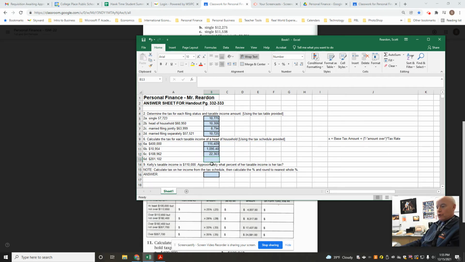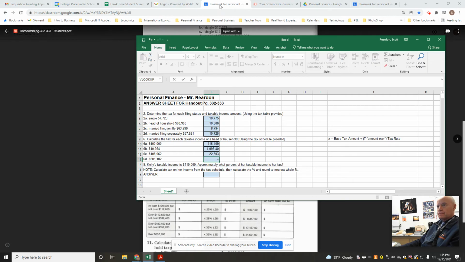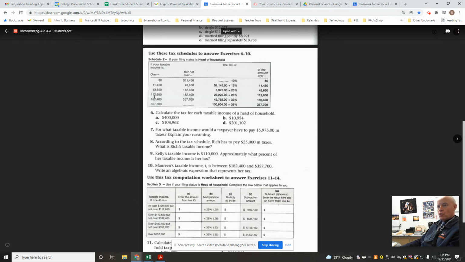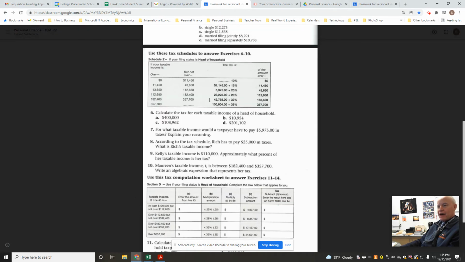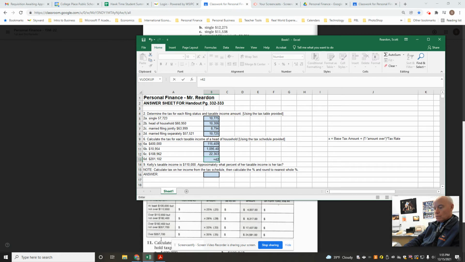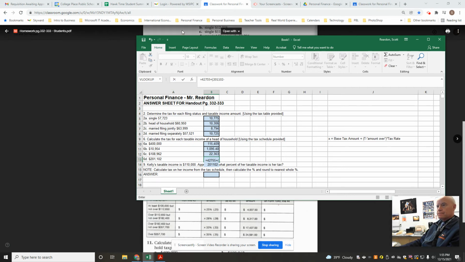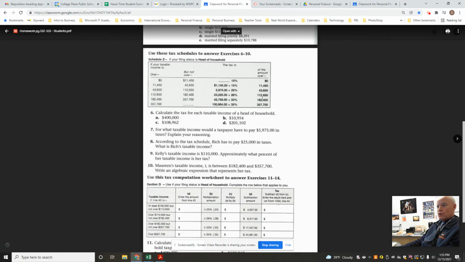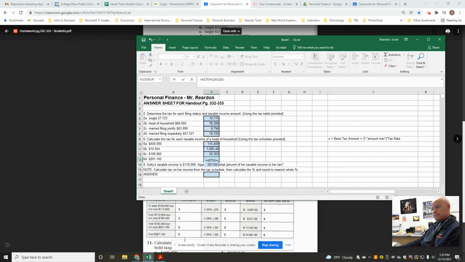How about 201,102? 201,102 is going to land me in the second to last tax bracket. My base amount is 42,755 plus taxable income 201,102 minus my amount over for that second to last bracket, which is 182,400.